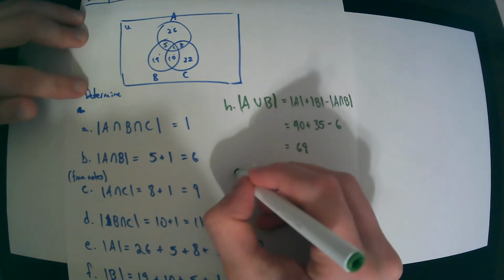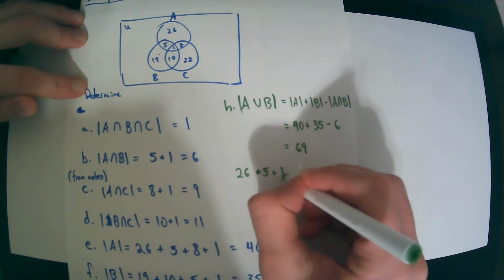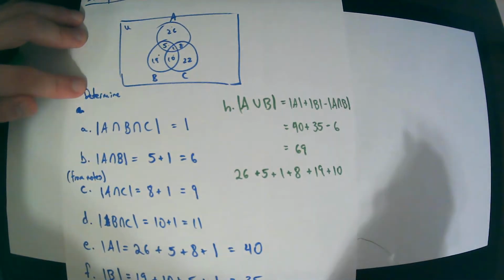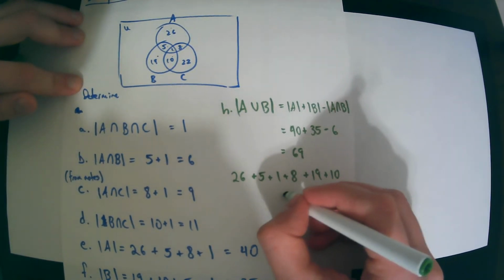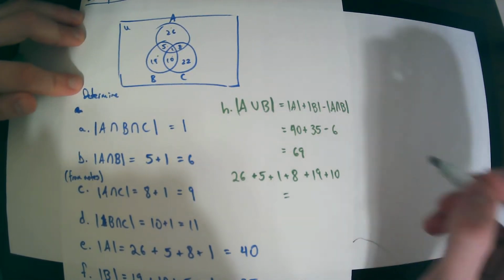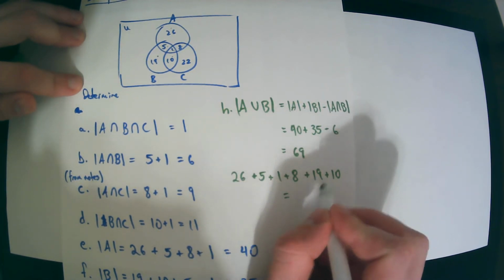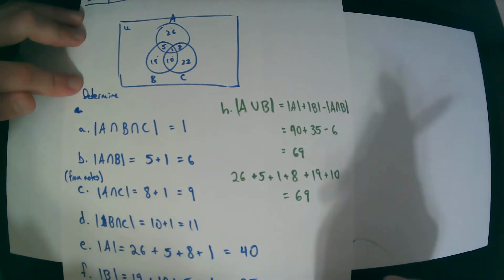So 26 plus 5 plus 1 plus 8 plus 19 plus 10. What does that give us? That's 31, that'll be 20, 51, 59, awesome, the same number, 69 people, so it checks out.